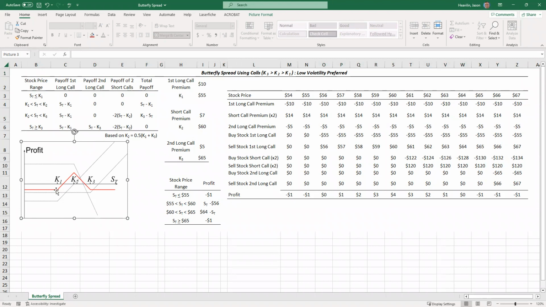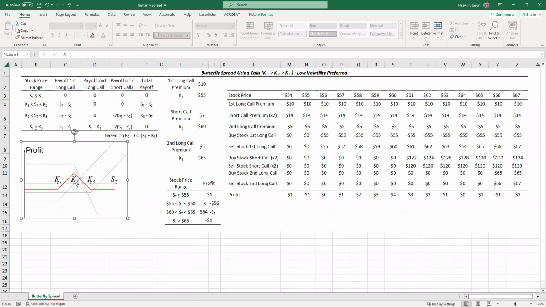Notice that this red line indicates where your profits would be with this strategy. What you want is to be here, where the red line is above the black line, but you don't want it to move too much. It's okay if it moves, as long as it stays within this range, between these two spots where it crosses.